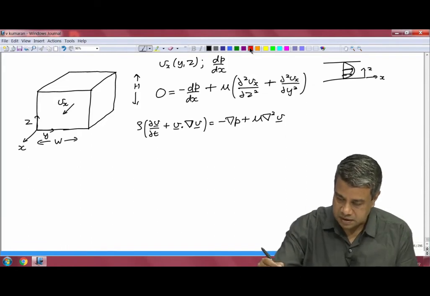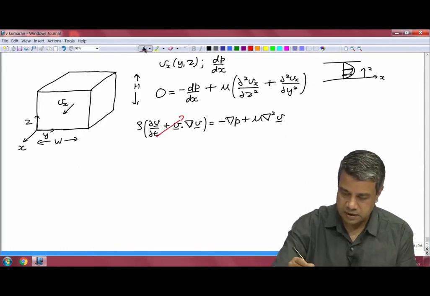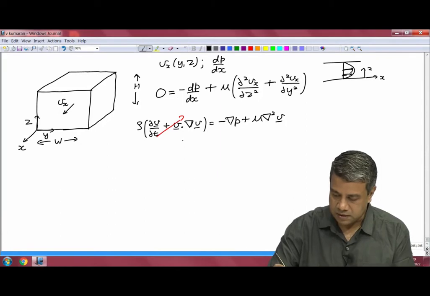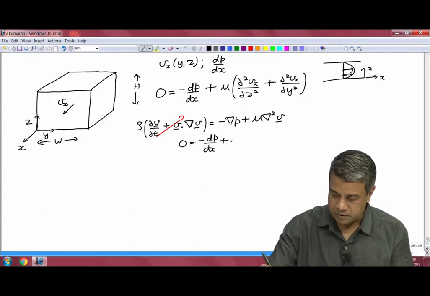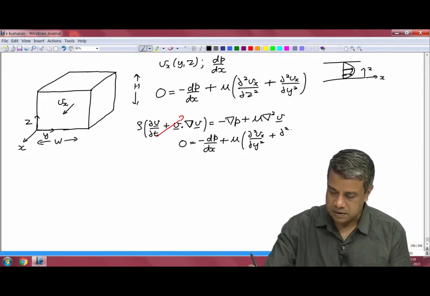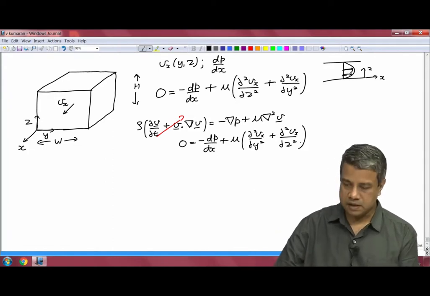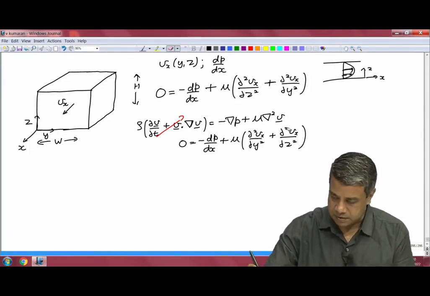This term is identically equal to 0, and the equation for the x direction becomes minus dp by dx plus mu times d square Vx by dy square plus d square Vx by dz square, for an incompressible flow.